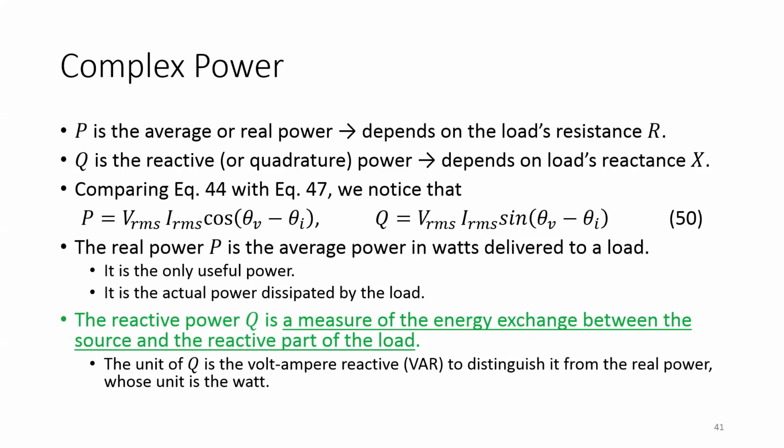Otherwise, if we have a worse power factor than that, then the power companies can apply penalties on the consumers, and consumers need to correct this in order to save themselves from the penalties and the problems in the power system.